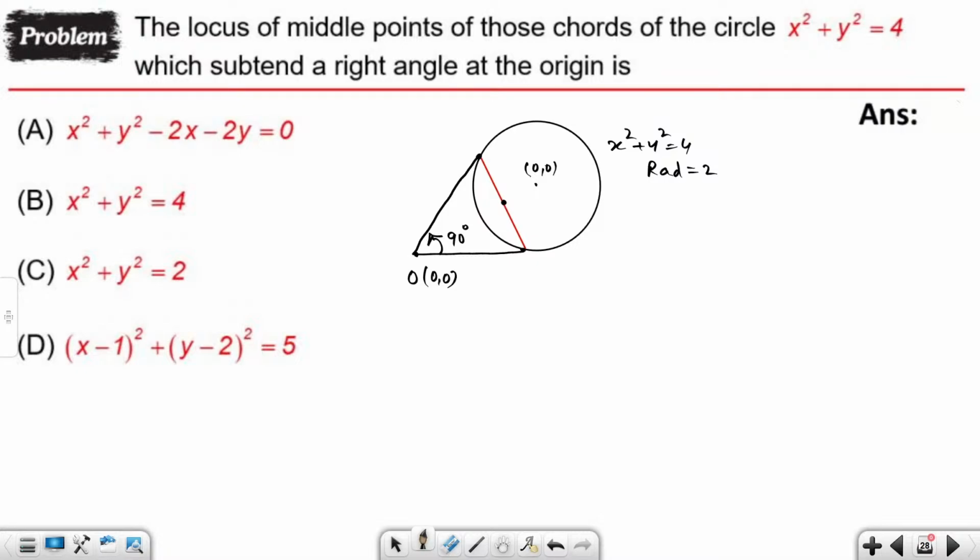Are you getting some feeling for this question? How to do this? A pair of lines making an angle of 90 degrees at the origin. You have all done these things in straight lines. You can see those videos in the playlist named straight lines.